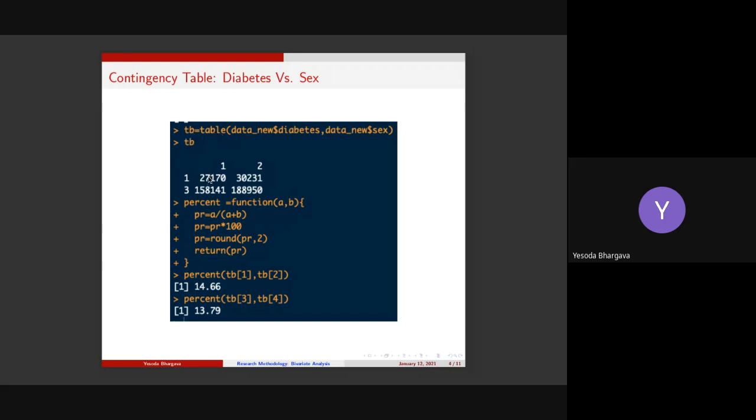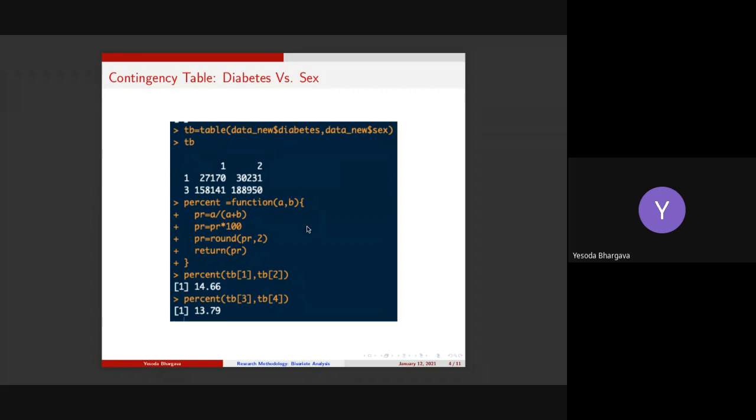So this element is TB1, this is TB2, TB3, and TB4. Now I call this function with TB1, TB2, and almost 14.6% of males in my dataset are diabetic, and 13.8% of females are diabetic.